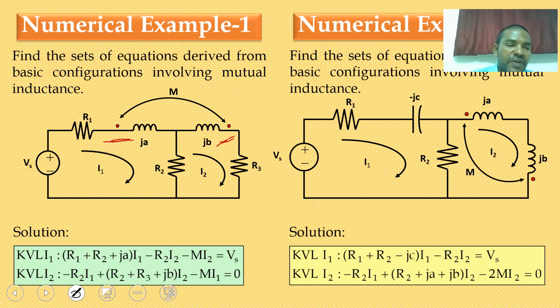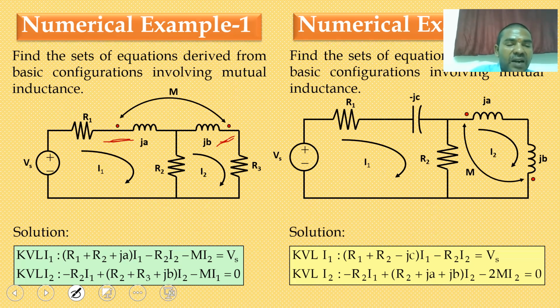So I am writing the first equation. For the first loop, R1 is there, JA is there, R2 is there, with respect to the I1 current. So (R1 plus R2 plus JA) into I1, that is the drop across the three elements. Then R2 is a combination of I1 current and I2 current.